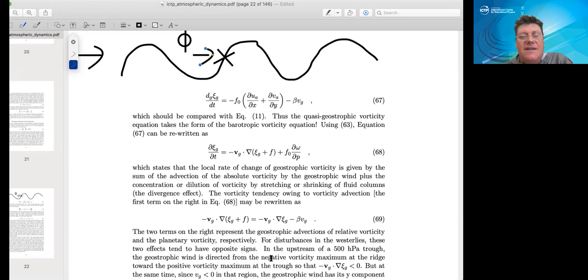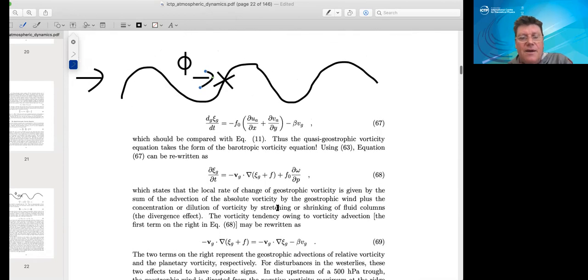And this is exactly the case that we may make use of by tomorrow in our lecture about Rossby waves, where we will derive the dispersion relationship for Rossby waves, and the special case of stationary Rossby waves. In that case, it will be exactly determined by the compensation of these two advection terms.